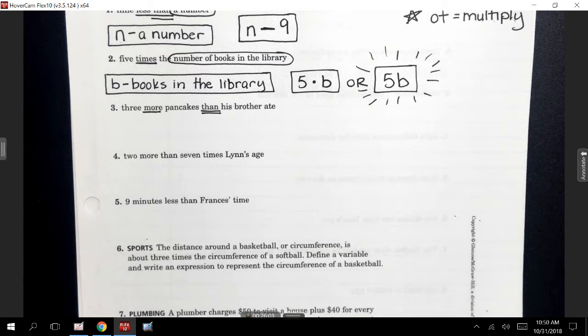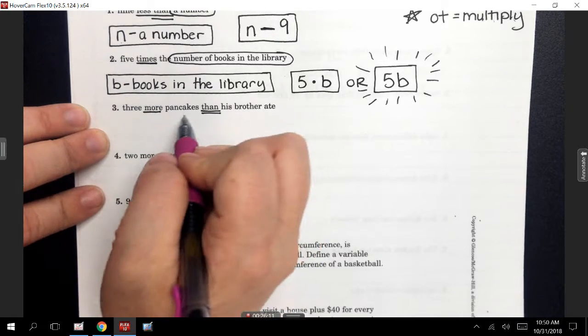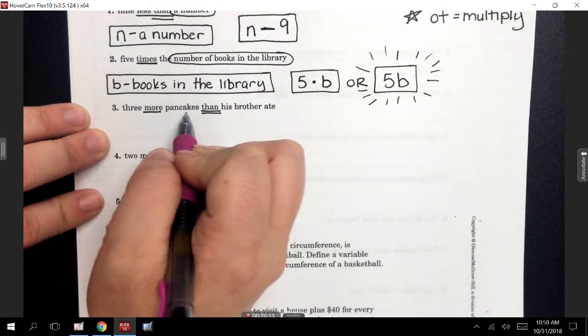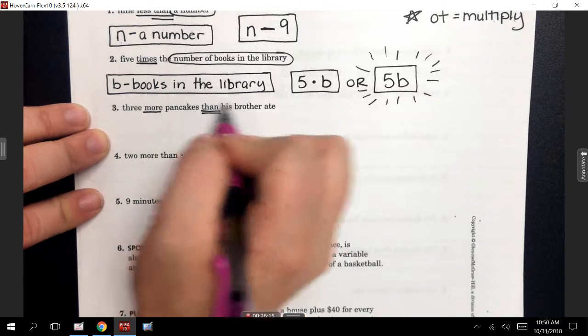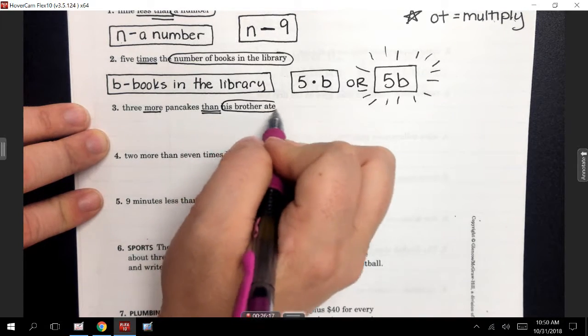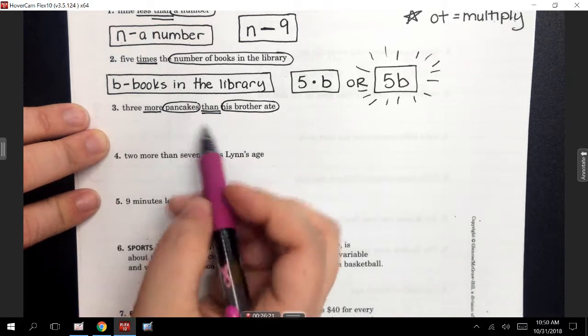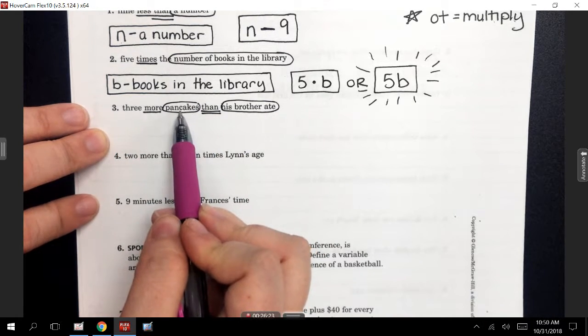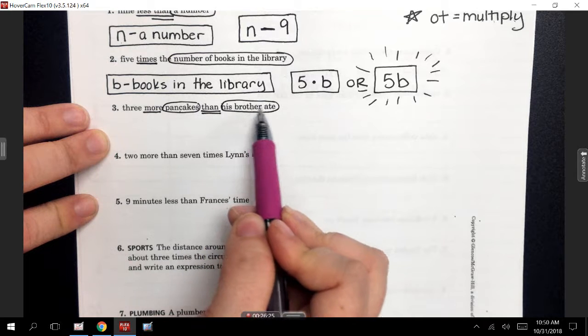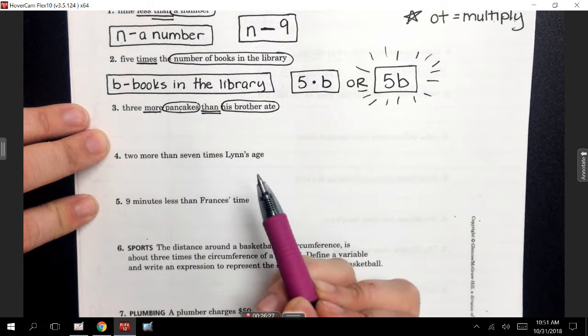What am I missing in this problem? How many more pancakes his brother ate? I need to know, guys, can I figure out 3 more pancakes than his brother ate if I don't know how many his brother ate? And what is it we're talking about here? Pancakes. So I need to know the pancakes his brother ate. Do y'all see that?